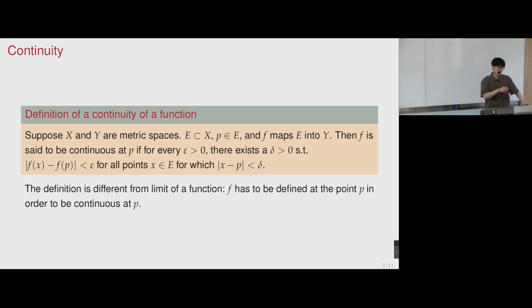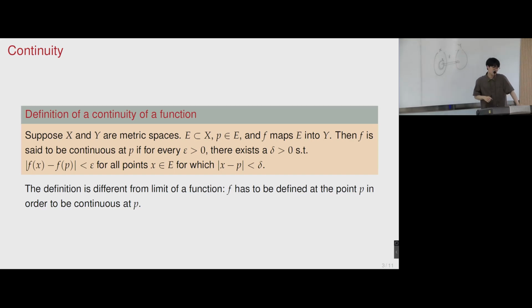Suppose there's X and Y, which are metric spaces, E is a subset of X, p is an element of E, and f maps E to Y. Basically, this function maps this part, E, into Y, like this.